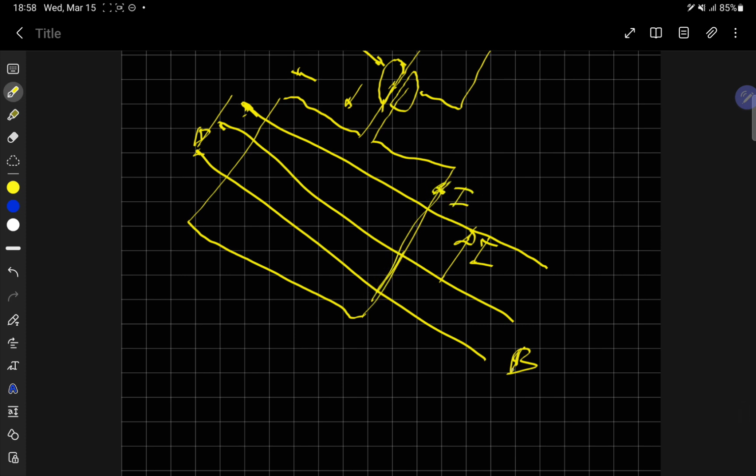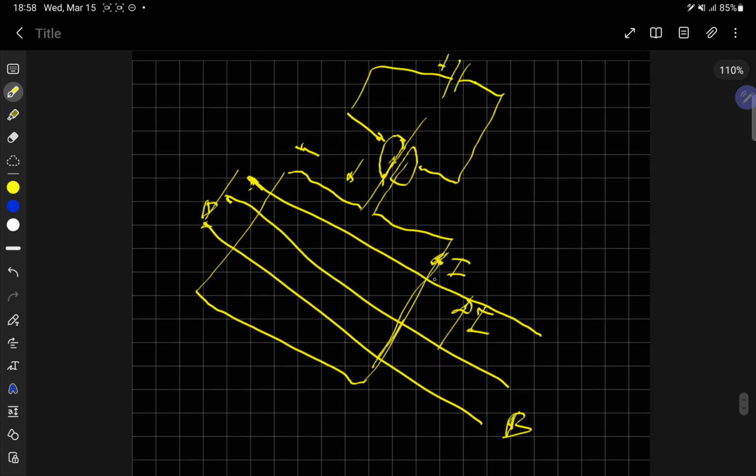We have a magnetic field which is perpendicular to the wire here, and this will cause a force in this direction. Here, because it's parallel to the magnetic field, the force will be zero, and here zero, and here zero.